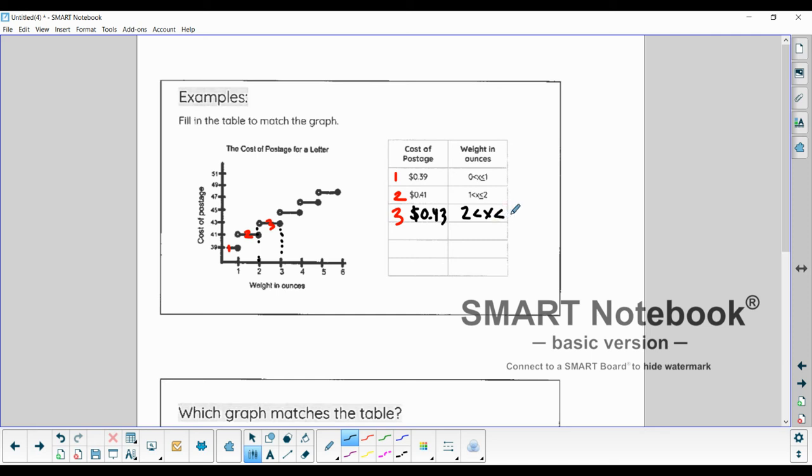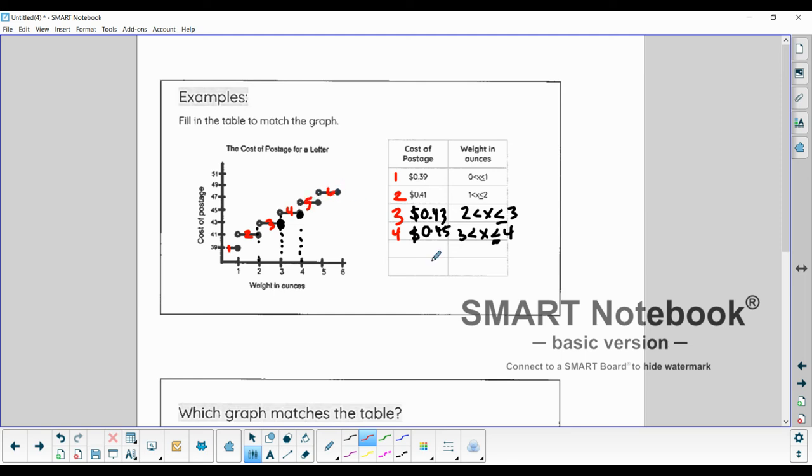So we write it as an inequality, putting the equal to symbol on the closed circle, which is 3. Then our fourth step has a cost of 45 cents. And the 2 x values it's between is 3 and 4. Put the equal to symbol on 4 because that's where our closed circle is.